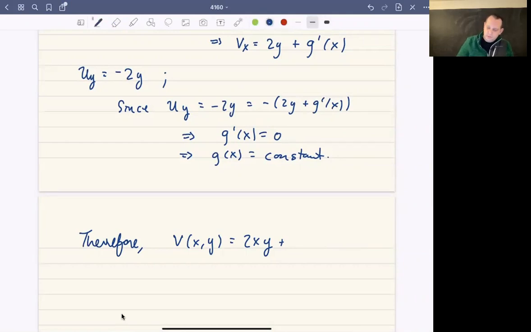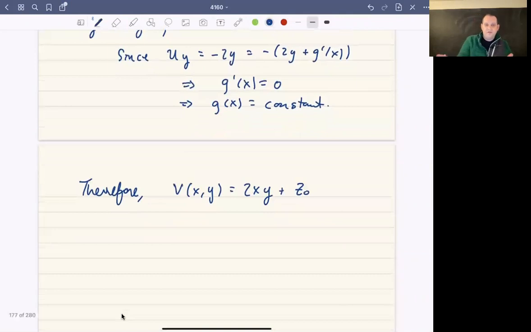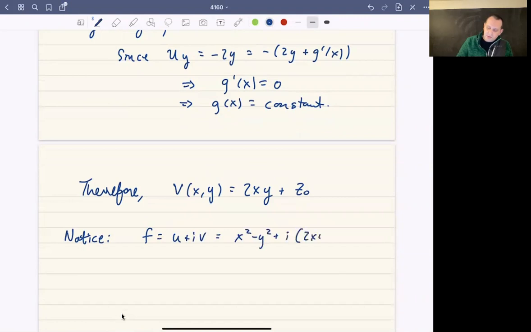Anything there will work. Now I just want you to notice one more thing. By construction, if I look at f, which is u plus iv, this is x squared minus y squared plus i times 2xy plus a constant. This is going to, by definition, satisfy the Cauchy-Riemann equations because that's how we came up with V.